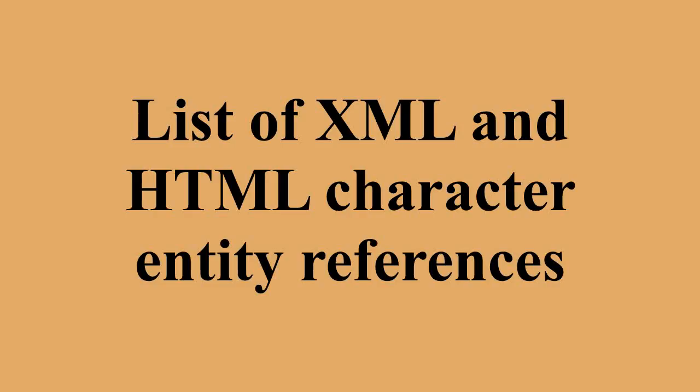Also, by virtue of being XML, XHTML documents may reference the predefined &apos; entity, which is not one of the 252 character entities in HTML. Additional entities of any size may be defined on a per-document basis.